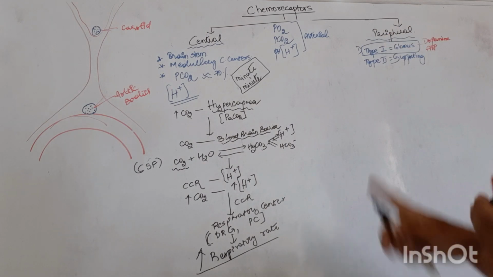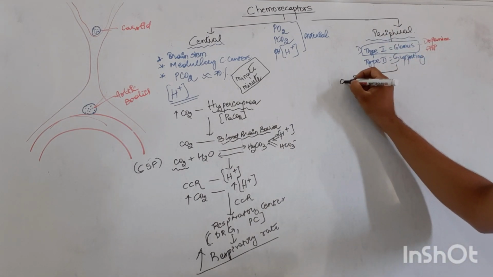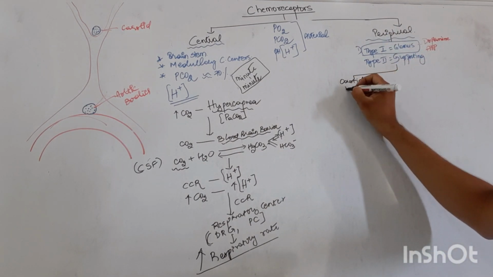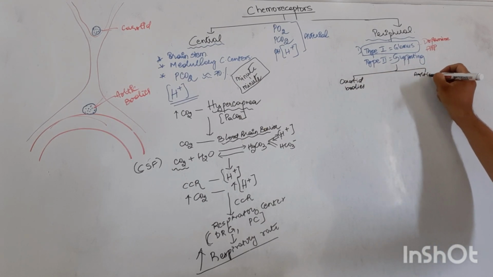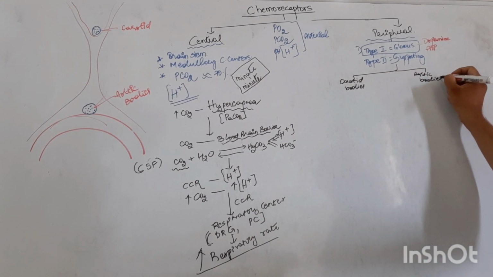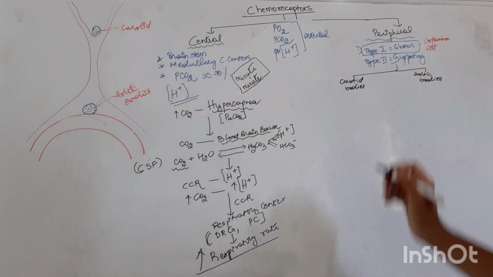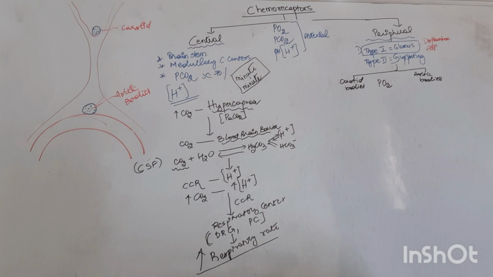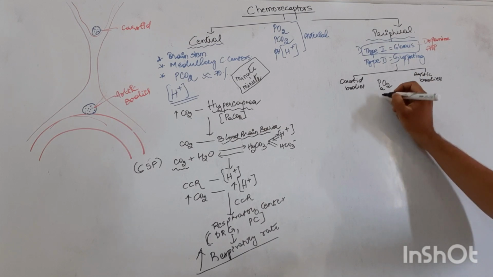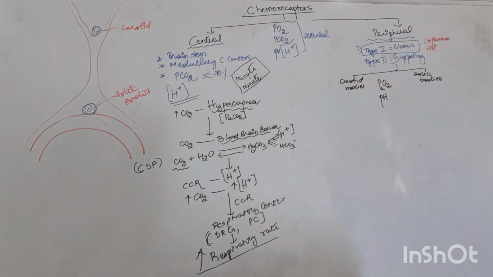These peripheral receptors, that is your carotid bodies and aortic bodies, are much more sensitive in detection of partial pressure of oxygen, especially the arterial partial pressure of oxygen, and also the pH.